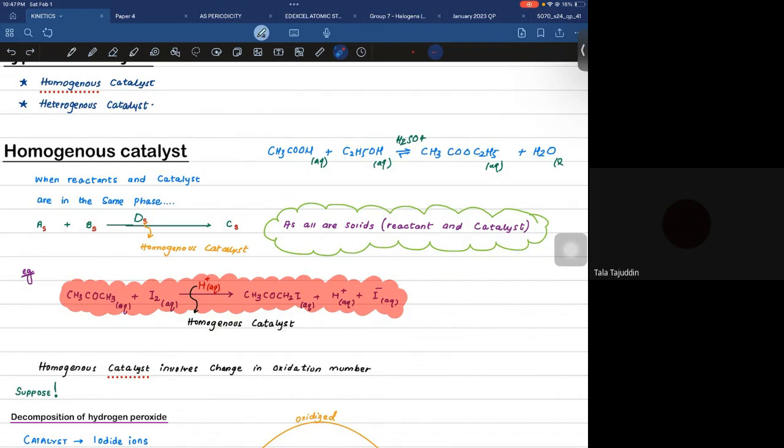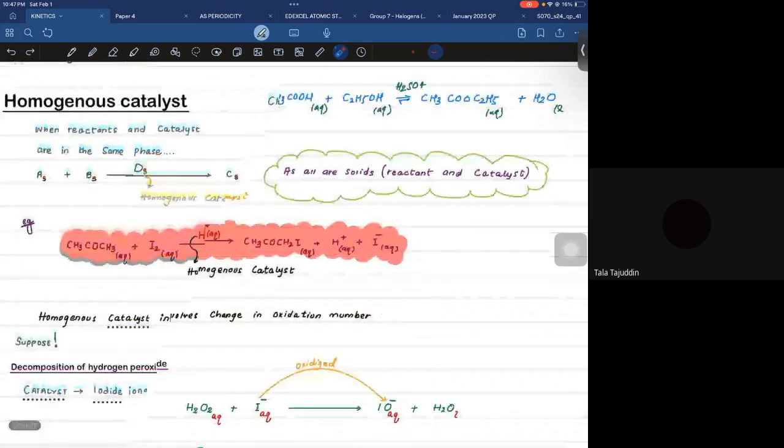But if your catalyst and your reactants are not in the same state, then you can say that this is your heterogeneous catalyst. That's the difference between homo and hetero.